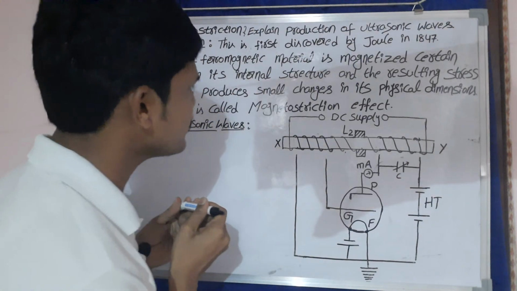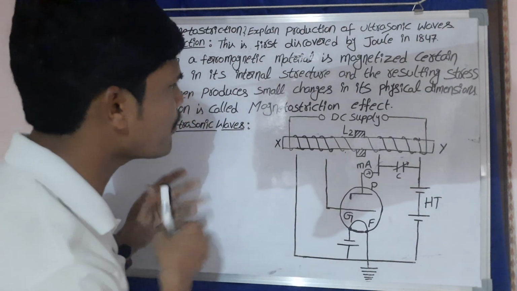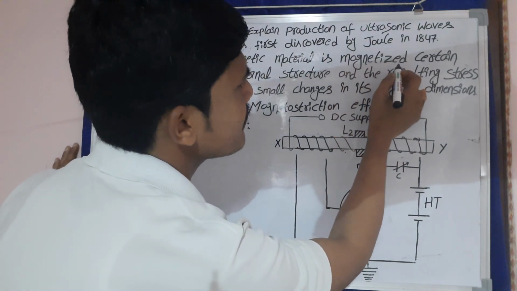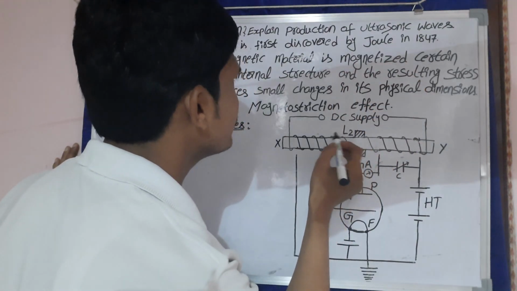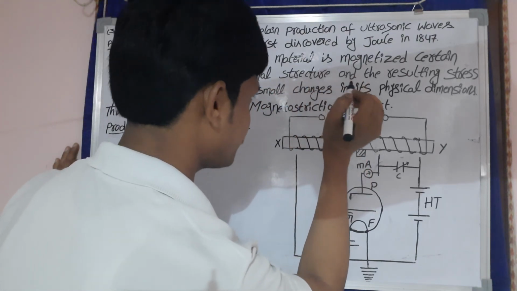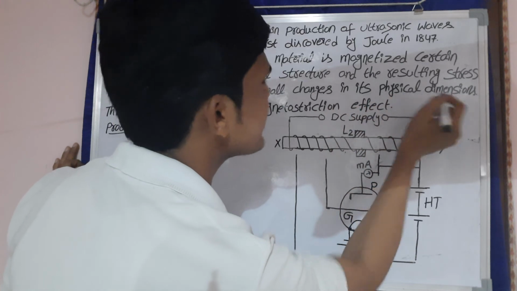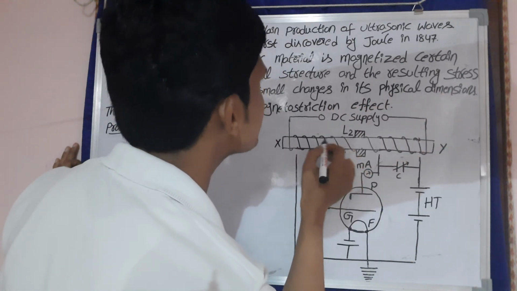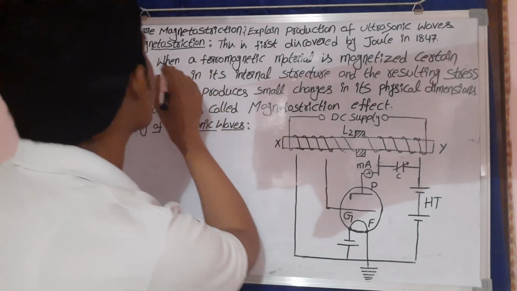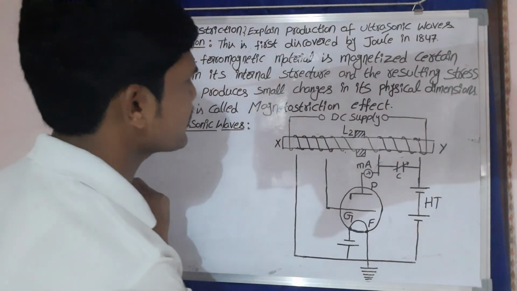First, the bar magnet is applied and magnetized, so there is a change in its internal structure and a change in its physical dimensions. This is called the magnetostriction effect.